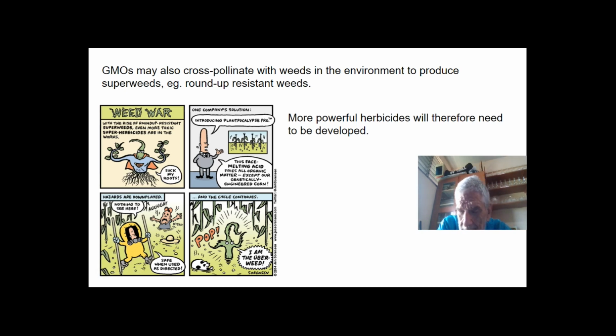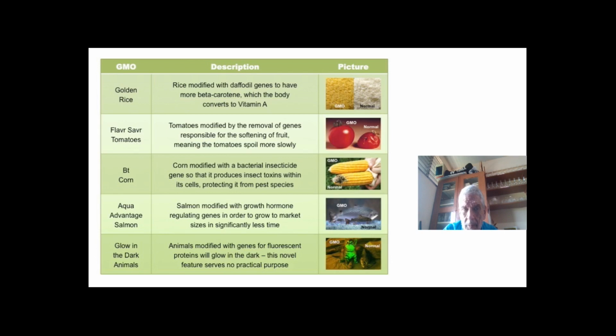So you get a vicious cycle of having to make stronger herbicides, and therefore after that you'll get stronger weeds. So the process will continue. So examples of GMOs: you have golden rice, which contains more beta carotene and therefore more vitamin A. You have flavor saver tomatoes.